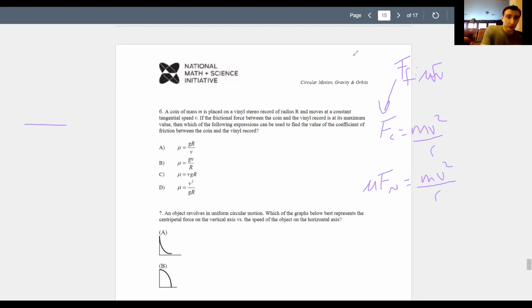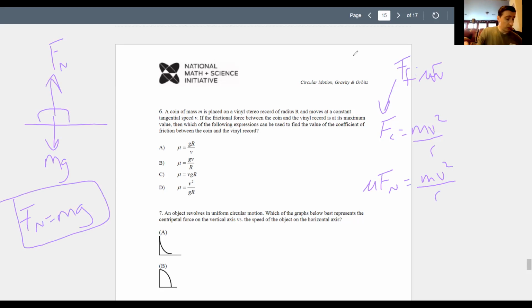Now, let's think about the free body diagram here. Here's the coin on the record. I have weight going down, mg, and normal force going up. I know it's not moving up or down, so my normal force is going to equal the weight in this case. So I'm going to plug in from that. I get mu mg equals m v squared over r.